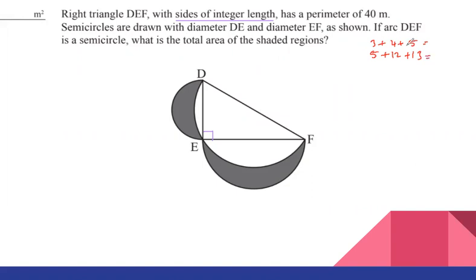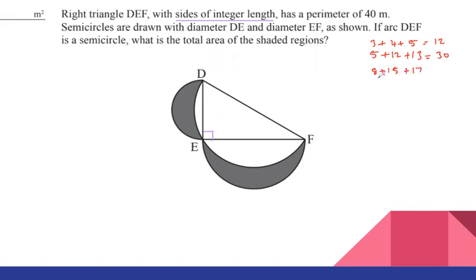If I add these, that's 12. 12 is not 40, and if I multiply 12 by anything, I cannot get 40 as an integer multiple. If I add 5, 12, 13, that's going to be 30, so it's not 40. My next triple that I need to remember is 8, 15, and 17.